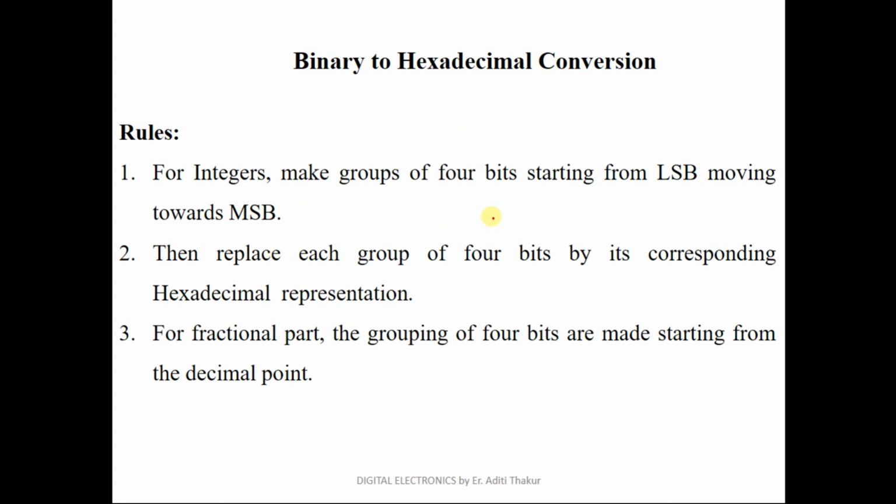Now binary to hex conversion, the opposite of the previous one. Simply we make groups starting from the LSB and moving towards the MSB in case of integers. But if we have a fraction part, we move from the decimal point towards the right, making groups of 4. After that, we replace each group by its equivalent hexadecimal code.